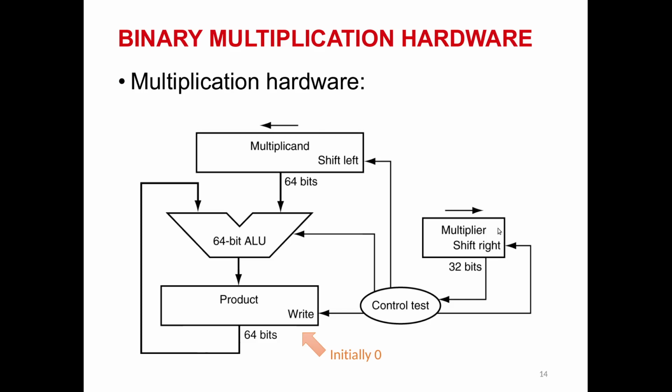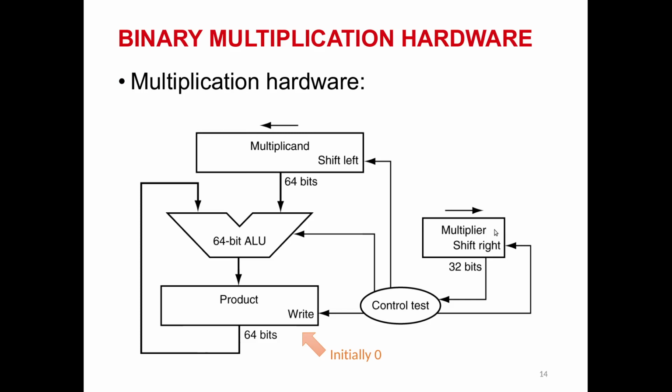So multiplicand shifts left for 1 bit, multiplier shifts right for 1 bit, and then we check the value of the last bit 0 in the multiplier to make sure if we need to add this multiplicand together with the product or not. If bit 0 of the multiplier is 1, we will add the product together with the multiplicand and then shift the multiplicand left again, and at the same time we shift the multiplier 1 bit to the right.